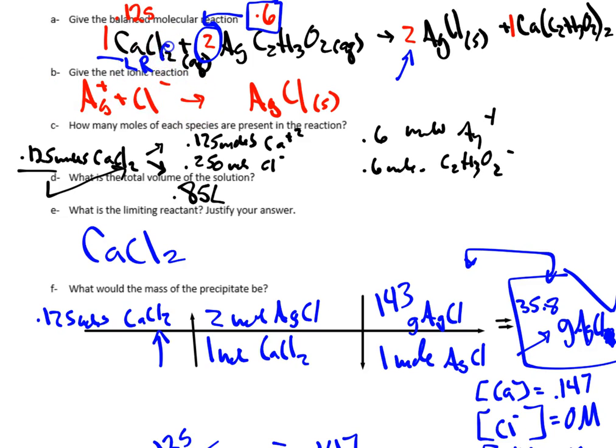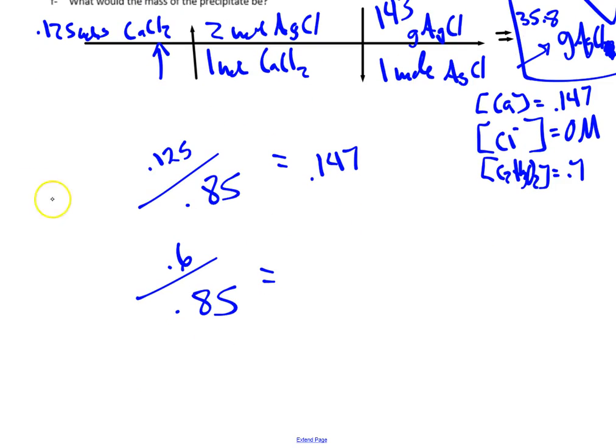You double it if it's a subscript, but you do not double it if it is a coefficient. Okay, the coefficients are just balancing the whole thing out to make sure the number of atoms are equal on both sides. But the subscripts are giving you the ratio of atoms. So that's why they count in this process, but the coefficients don't. All right, that was 0.7. Is that what we just said, right?